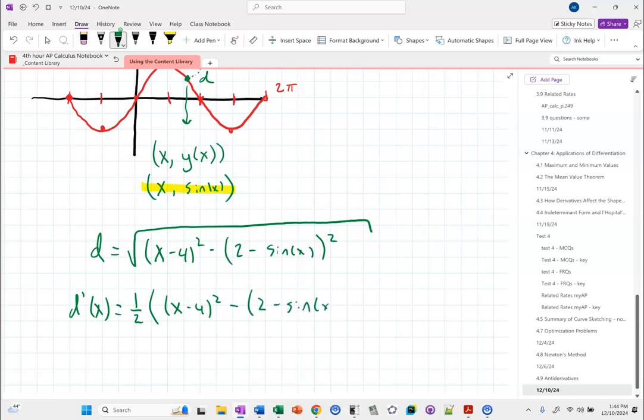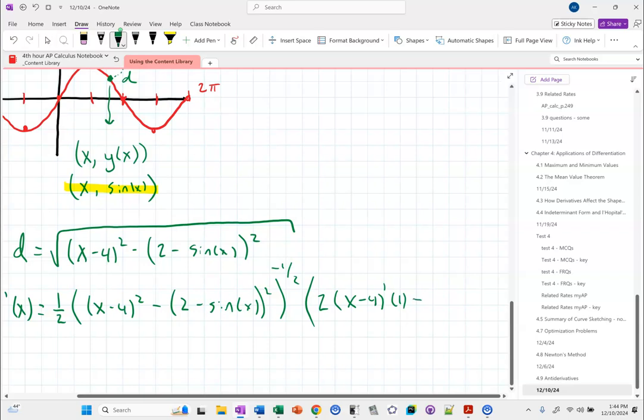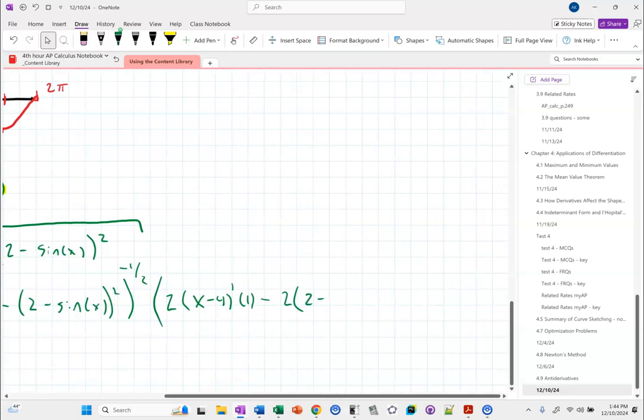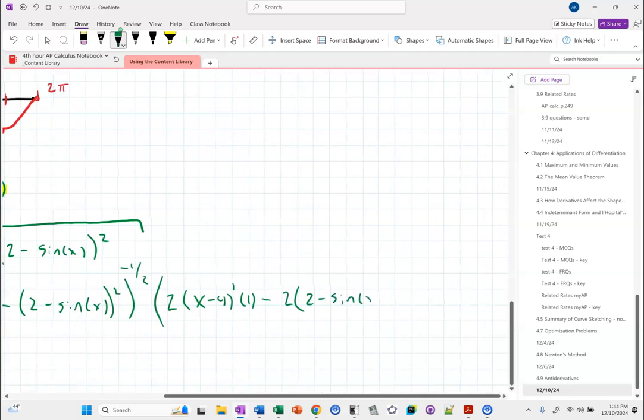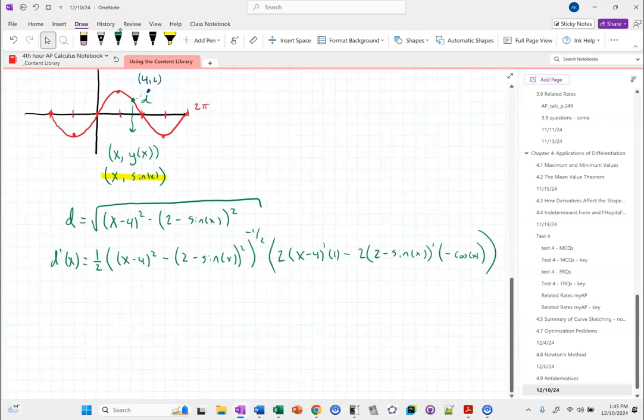So we'll take the derivative. I had to do a couple of chain rules to get that derivative.